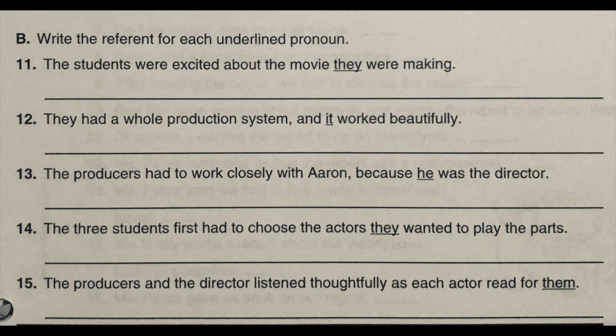So then we have to look at it and say, well, who was making the movie? They were making the movie. Who was making the movie? The students were making the movie. And because there's more than one student, students is plural. We add the S to the end of student to make it plural. Then that would be the referent. So on the line, you would write students.